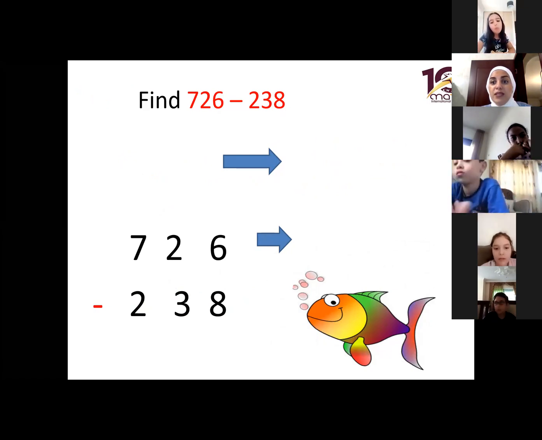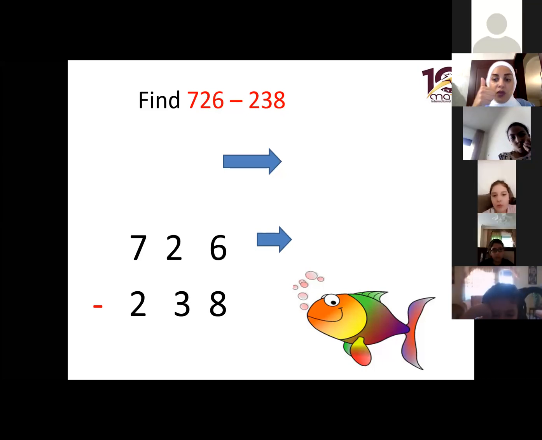Everyone say, we start with the ones. This is the first rule. We start with the ones. So after we're done with the ones, do we skip tens and jump to hundreds? Or do we subtract tens and then hundreds? Good. So ones, then tens, then hundreds.